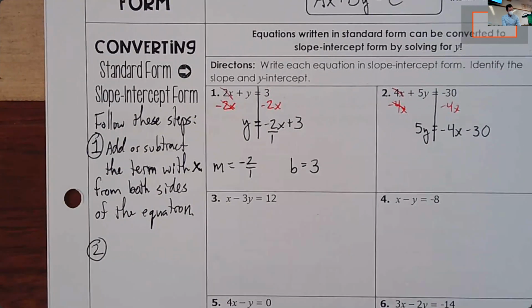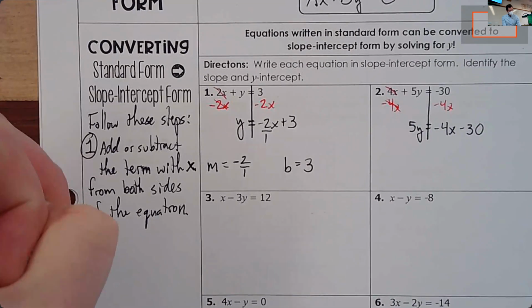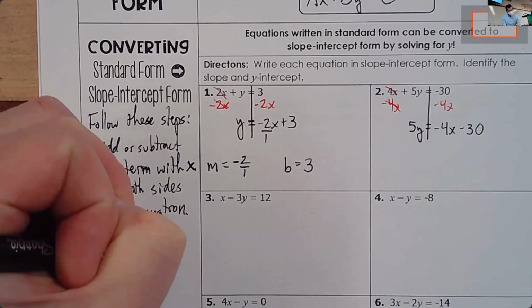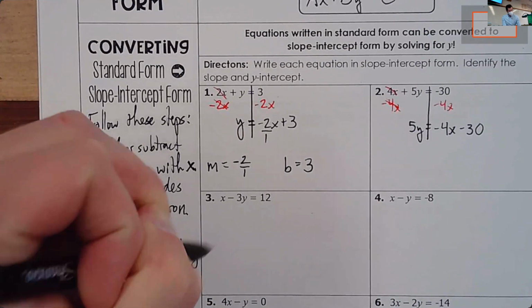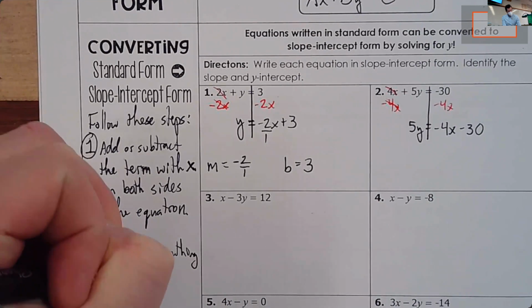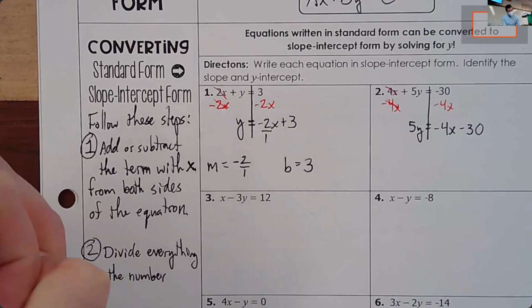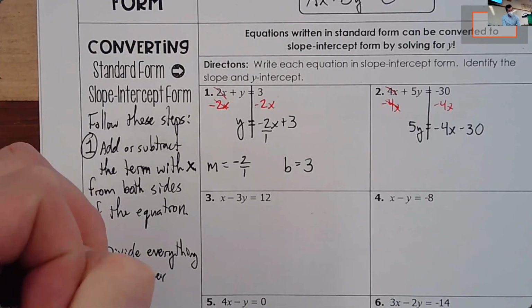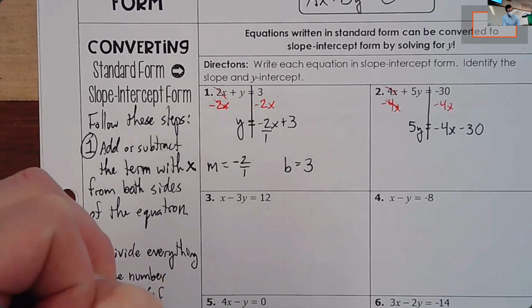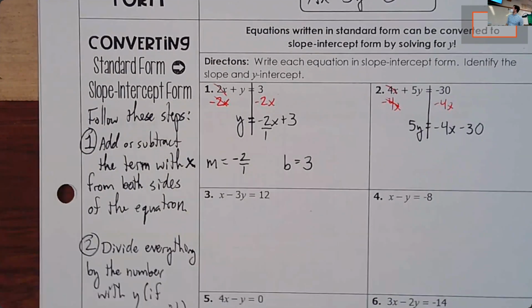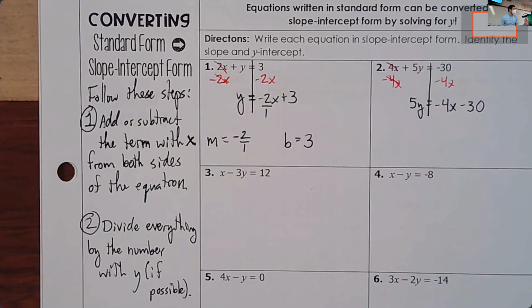Step 2 is divide everything by the number with y. And in parentheses, I'm going to write if possible. So divide everything by the number with y, if possible.